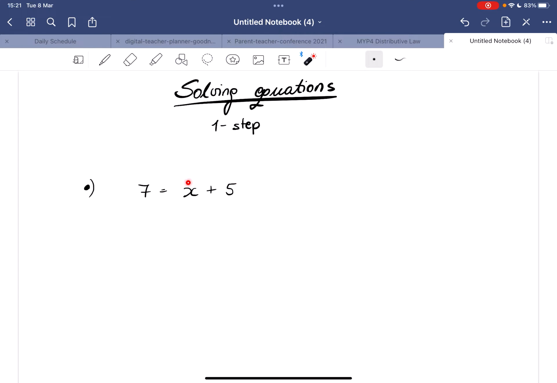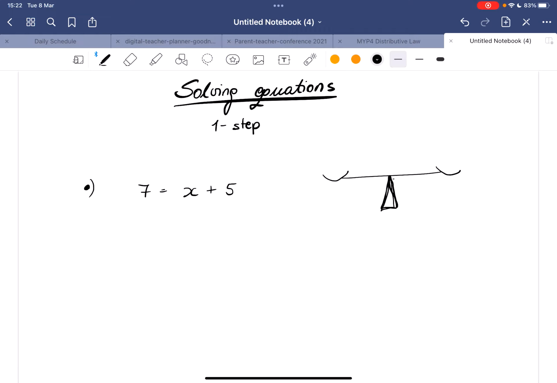is equal to this side. So we need to think of it like a scale, like, you know, those old scales where you had something here and something here, and it always needs to be in equilibrium.